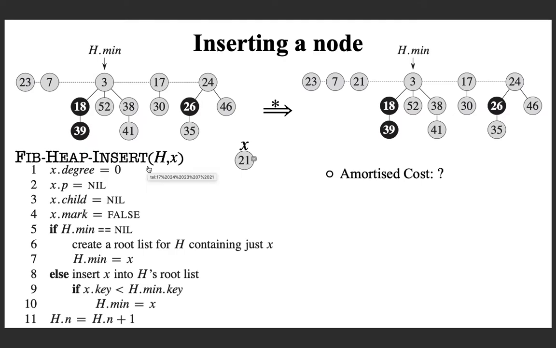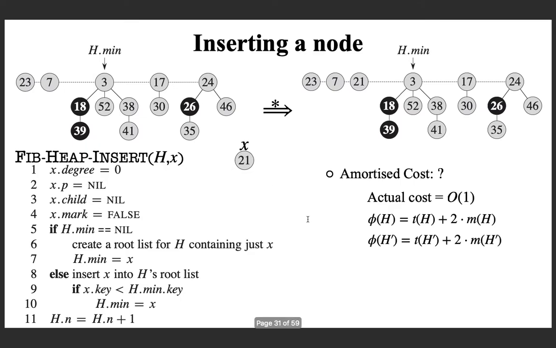Here no doubt the actual cost is 1 because only a constant number of instructions are executed. There is no loop here, so it's order of 1. And what is the amortized cost? What is the potential function? This is how it is defined for the heap instance before you perform the operation.